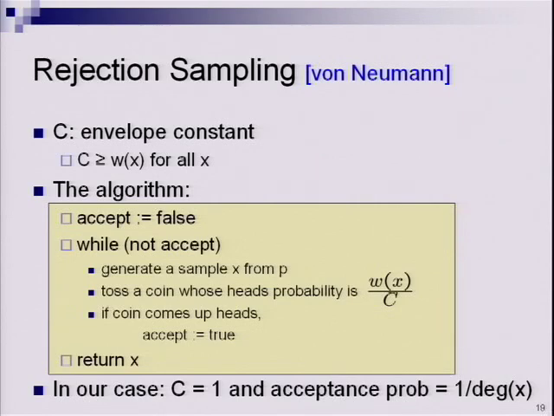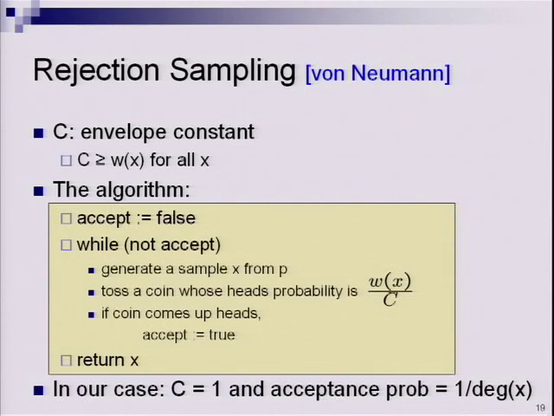It may look somewhat abstract, but it's easy to see what happens in our situation. In our situation, P is the degree distribution, which is non-uniform. Pi is the uniform distribution. So what basically the acceptance-rejection procedure is doing is smoothing the degree distribution.